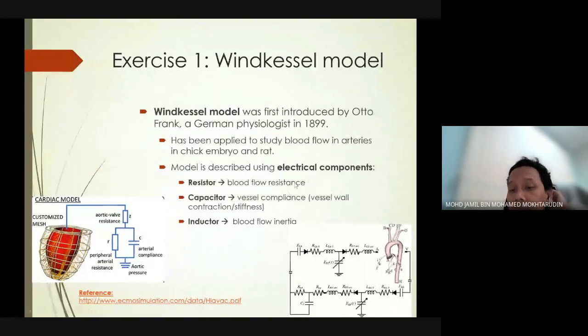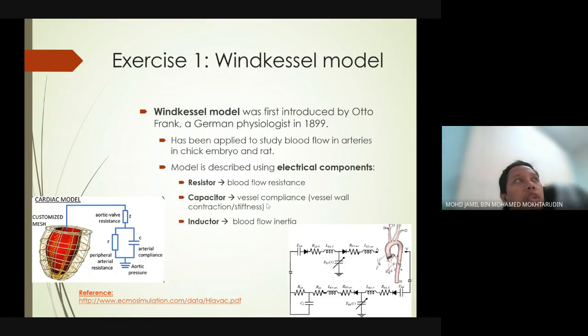So to represent that, we can put resistor to represent all the lemak dalam badan kita. And then also we can model the vessel wall contraction or stiffness. We call it compliance by using capacitor.